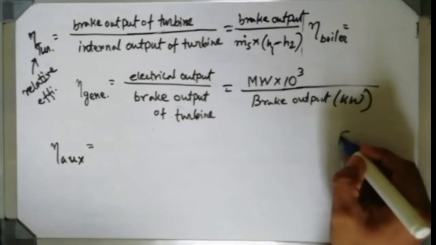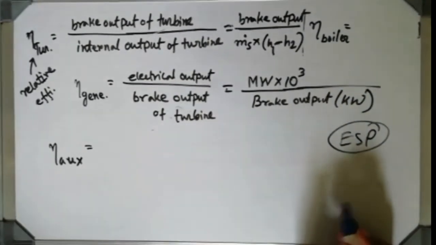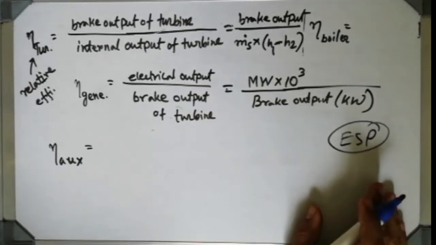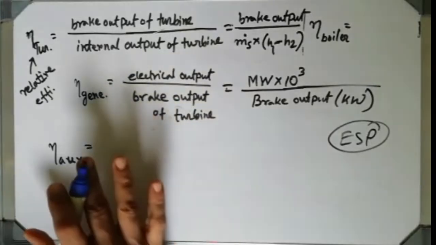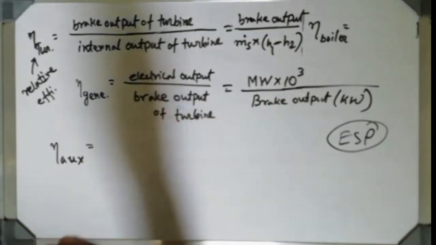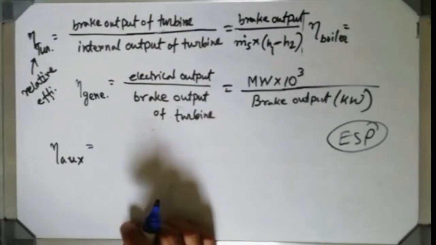ESP or cyclone separator are devices kept in a power plant to minimize the pollution level, and all those devices consume some power. So auxiliary devices like draught fan, crusher, conveyor system, ESP will consume some amount of power.